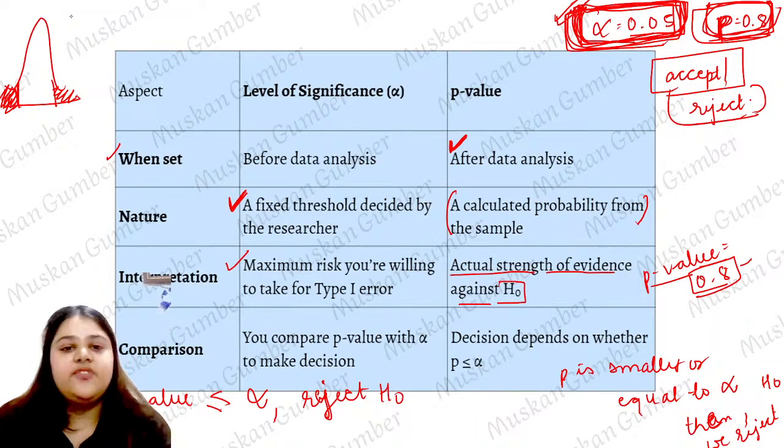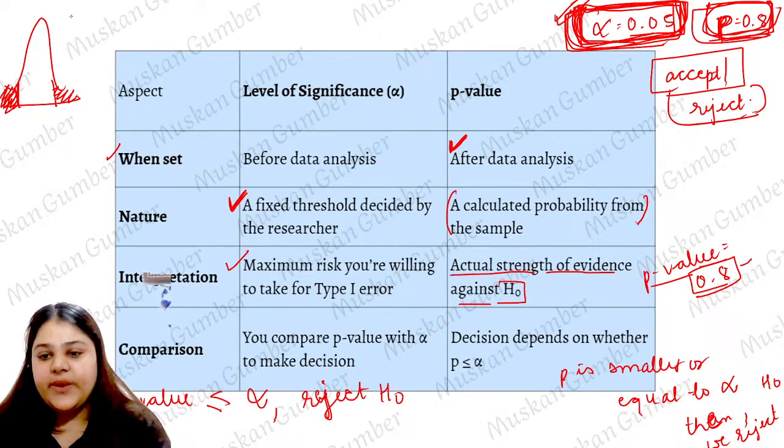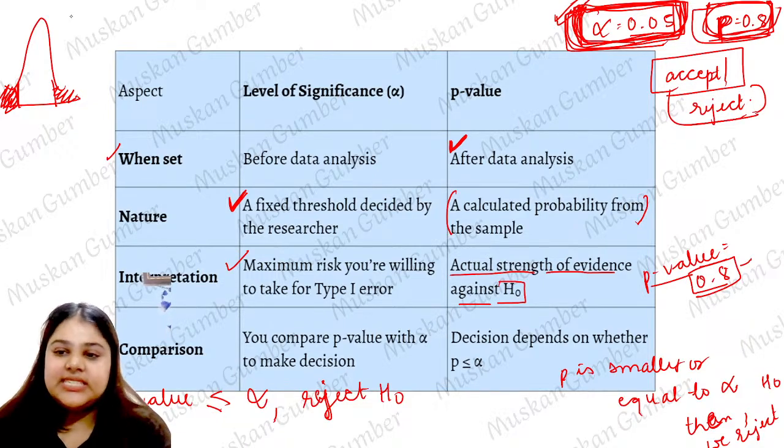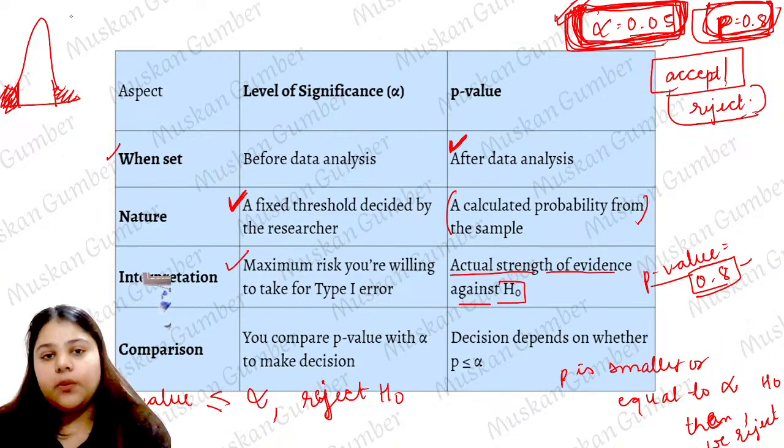Clear, everyone? If you still have any doubt anywhere, please let me know. Clear? Yes, no, something? This is clear to you all that the evidence should be smaller or equal to our alpha, only then we will reject the null hypothesis.